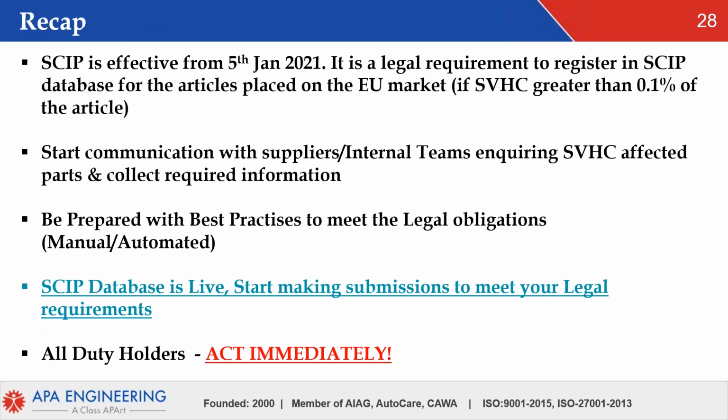By now, you should have begun communicating with any suppliers or internal teams inquiring about whether you have any articles with SVHCs, and you should be collecting the information. Please be prepared with best practices to meet these legal obligations and start making your submissions now. The SCIP database is live. You really don't want to wait until the 5th to begin, because it's simply going to take too much time. Act now.